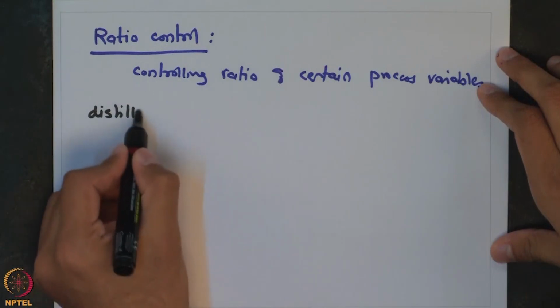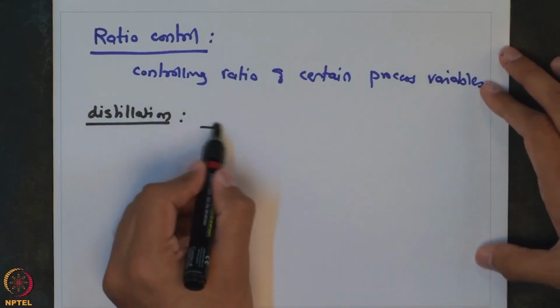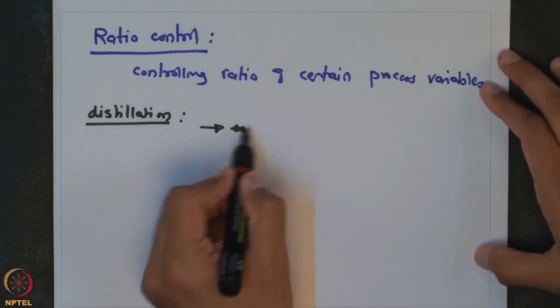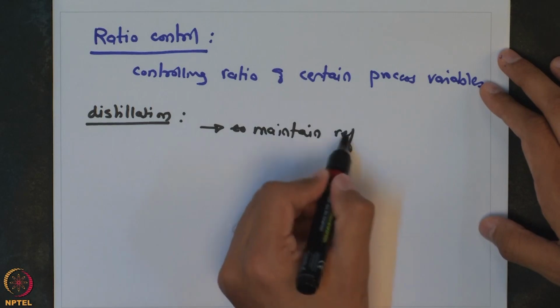Now, in your other chemical engineering courses, you might have seen that there are different ratios which are of importance. For example, if I am talking about distillation or separation, what ratio comes to your mind? You would say that you would want to control or maintain the reflux ratio.